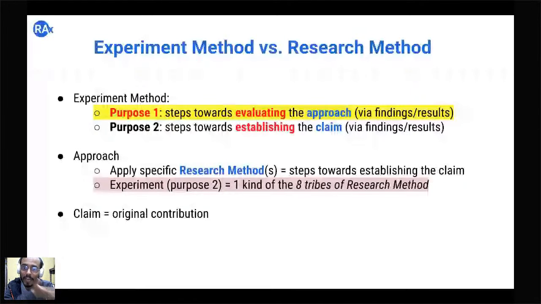You have to evaluate that approach and show to the rest of the world that the approach that I took is really fantastic and really works. And how can I show that? By evaluating the approach. And how do I evaluate the approach? By conducting certain experiments to show that the approach is really lovely, right?